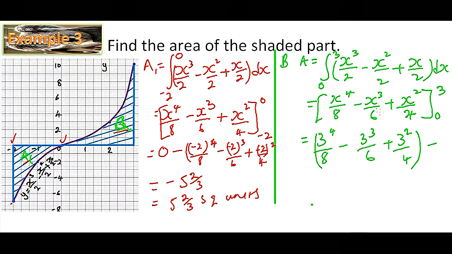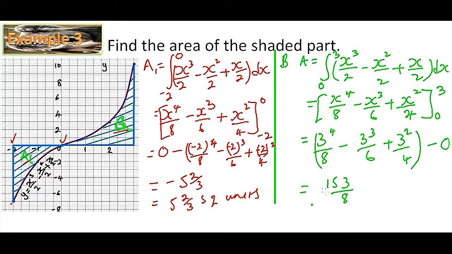The other one is 0 because when you substitute each and every term, you end up with 0. And when you compute this, you get that the area is 153 divided by 8.